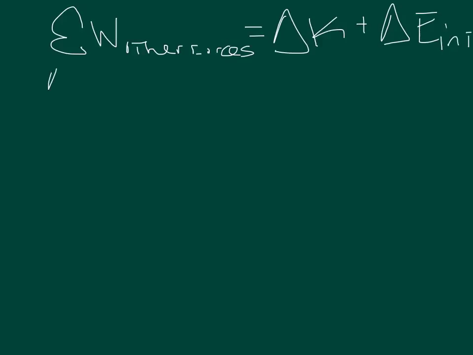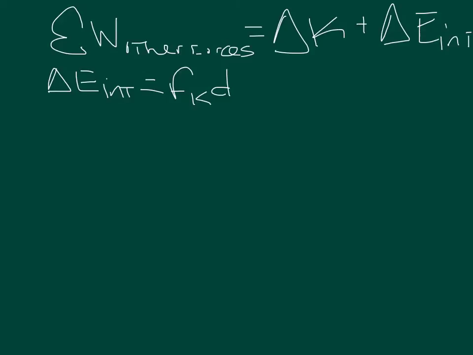And as we said on one of the previous slides, the change in internal energy is where we get our friction, because friction is what's going to cause some change in internal energy. That's simply equal to the kinetic friction times the displacement.